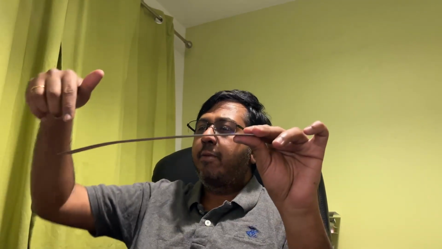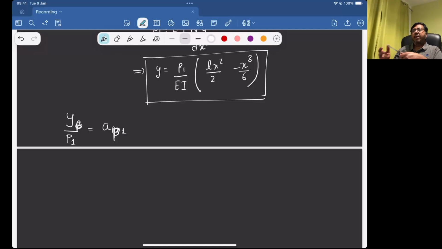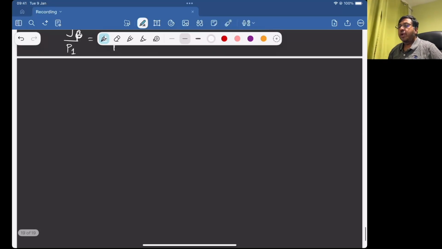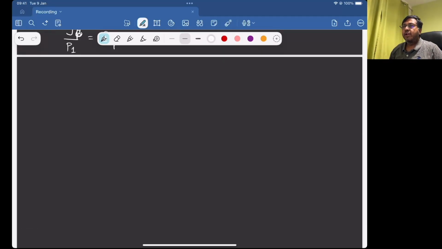That means in total I have a 3 cross 3 matrix, and by applying a load at each of these points and determining the deflection at each of them, I am able to find my flexibility matrix. Once I know it, I can invert it to get my stiffness matrix. So let us go through how to determine the flexibility matrix and how to invert it to get our stiffness matrix.